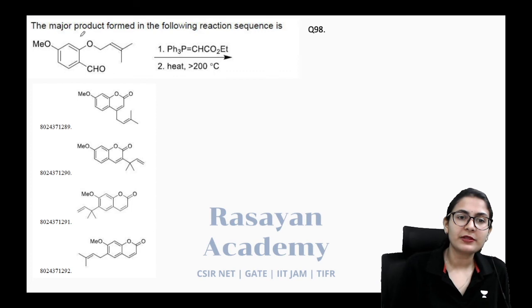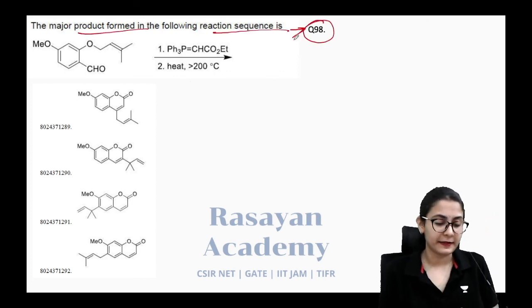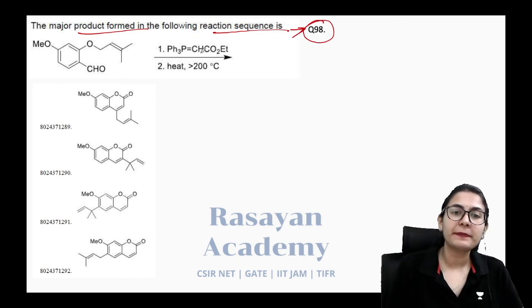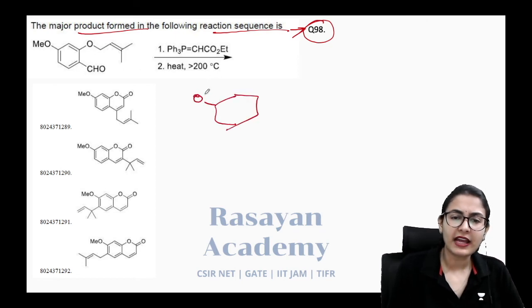Yes. Last question. The major product formed in the following reaction sequence is question number 98. So what do you do over here, guys? CH3P double bond CH CO2Et. So you have a CHO over here. All right, no problem. Let's add it to the CHO.